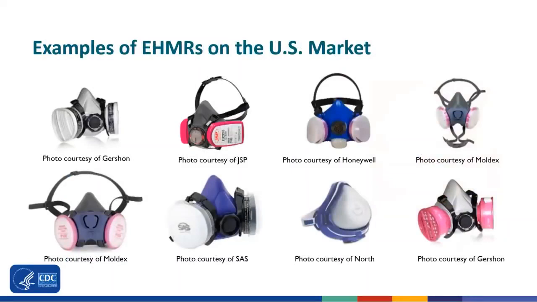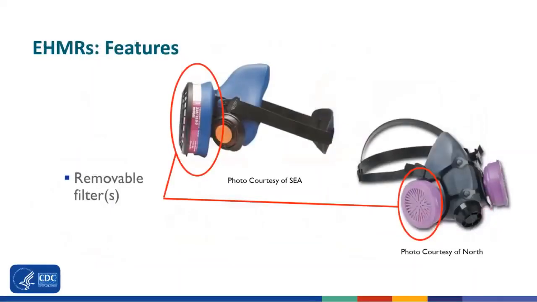Here, pictured are a number of elastomeric respirators that are currently or in the past on the US marketplace. This is not a comprehensive list, but you can see there are a variety of features that become important when they are used in healthcare. Among the more important features of elastomeric respirators, first, there are removable filters, either one or two, pictured here.